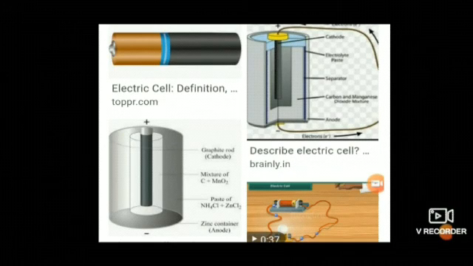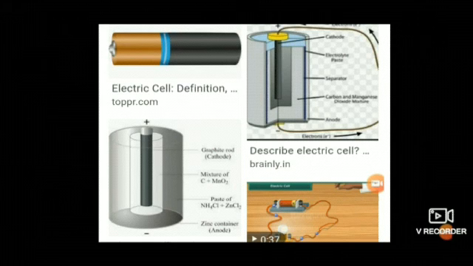Electric cell. A source is required to produce a uniform flow of charges in a circuit, and that source is called an electric cell. An electric cell is a device that is used to generate electricity, or one that is used to make chemical reactions possible by applying electricity. Various types of electric cells are available today.